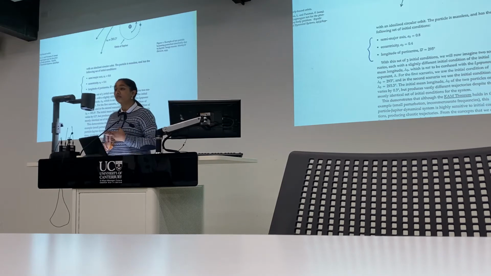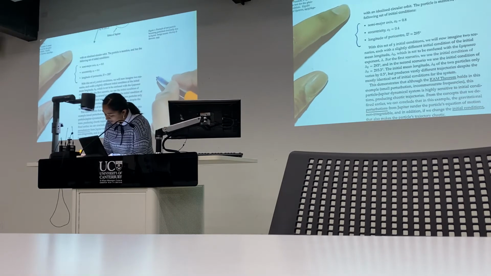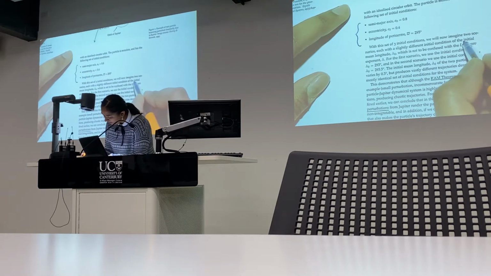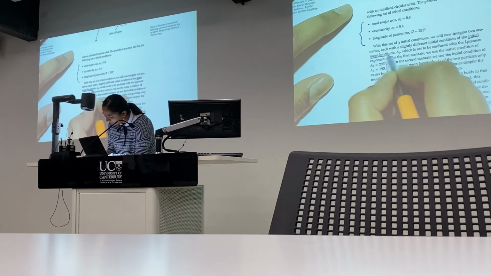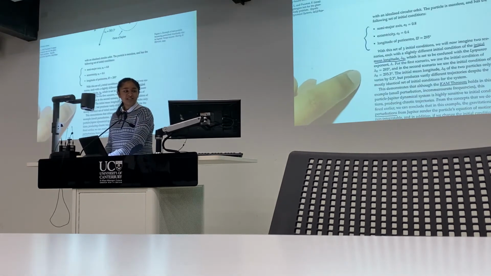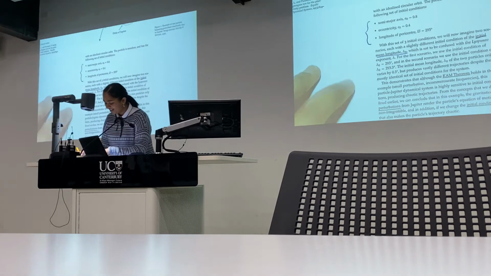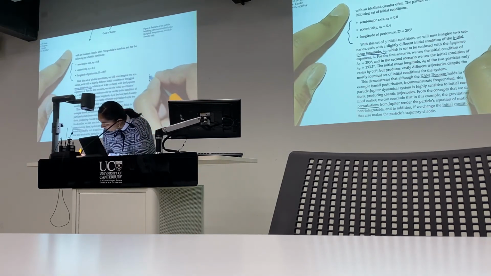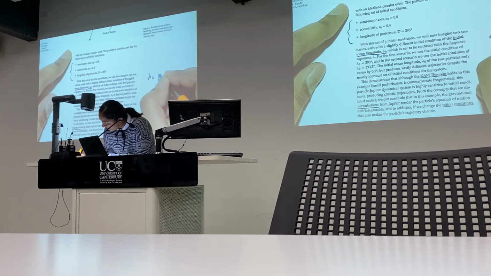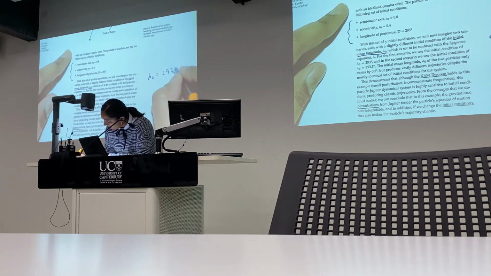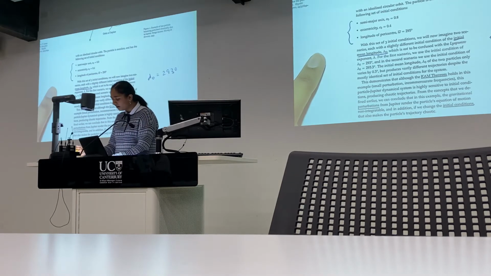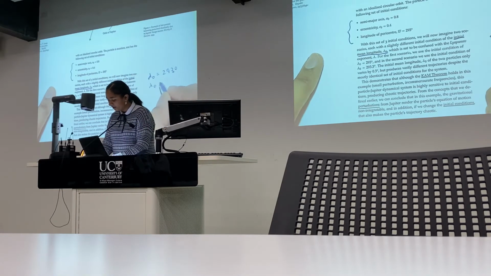And now we're going to consider two scenarios where we change one initial condition slightly. So we're going to change the initial condition of something called the initial mean longitude lambda naught. This is not to be confused with the Lyapunov exponent lambda, it's just the notation which the textbook uses. So that's one of the initial conditions in the first scenario, and in the second scenario, the initial condition is 293.3 degrees.